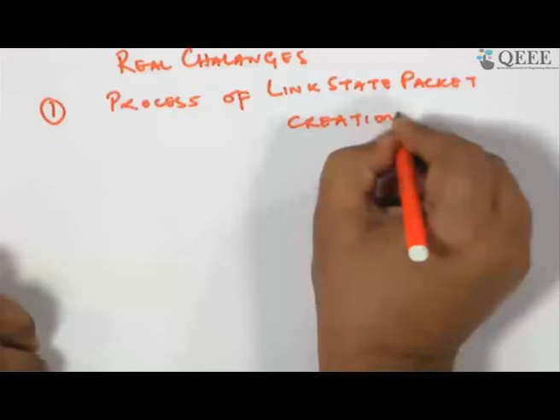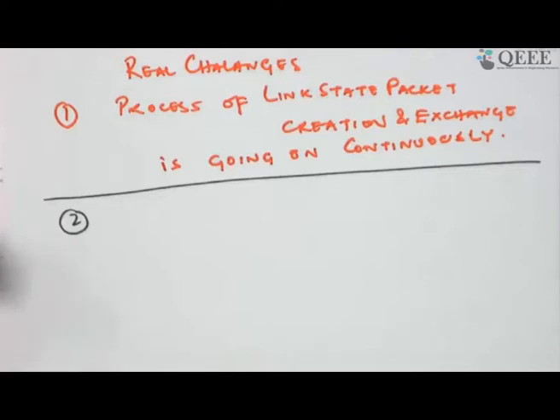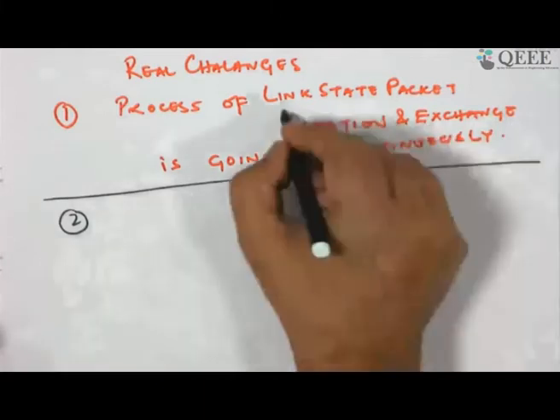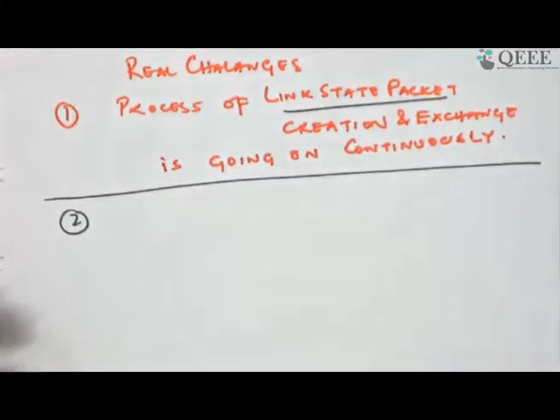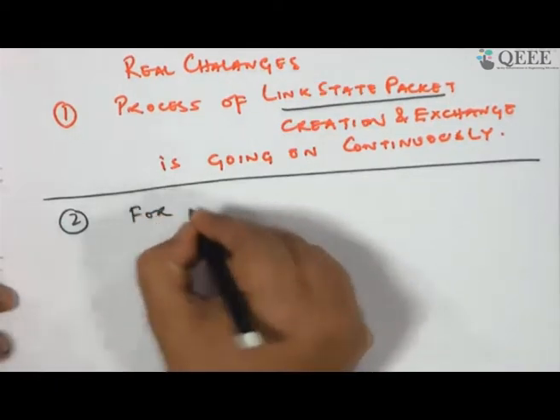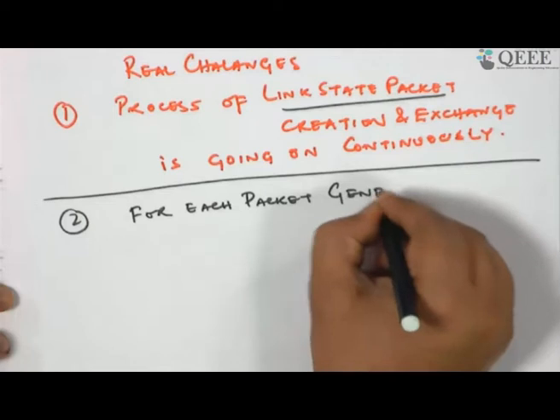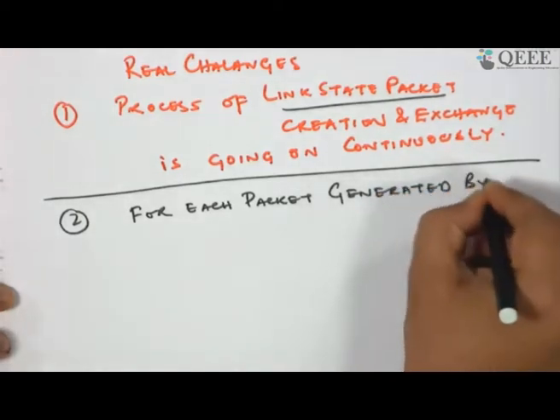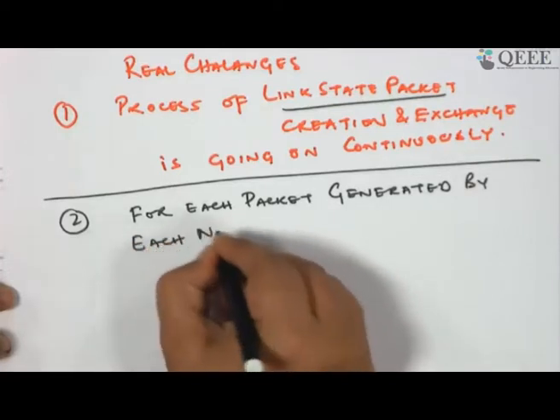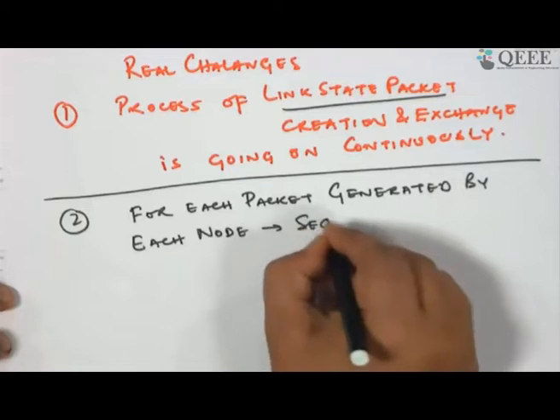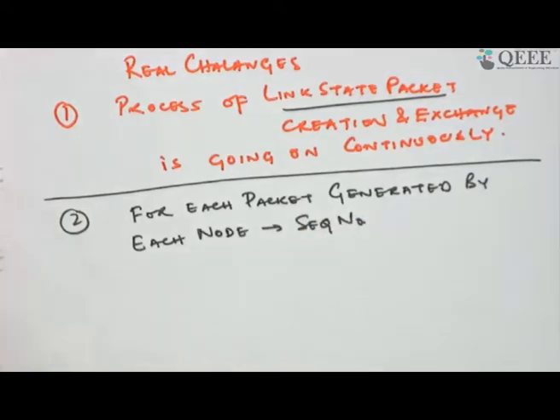So, what does that exactly imply? It implies that for each packet generated by each node, one has to give a sequence number.